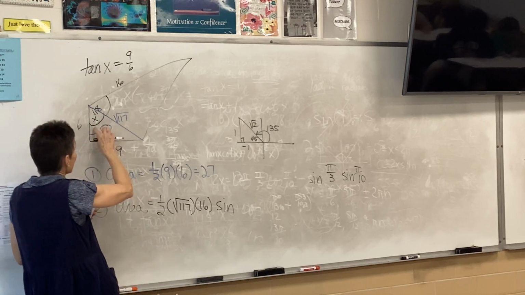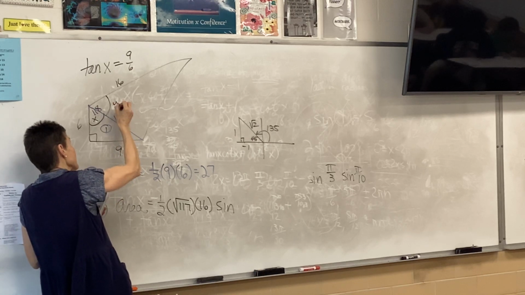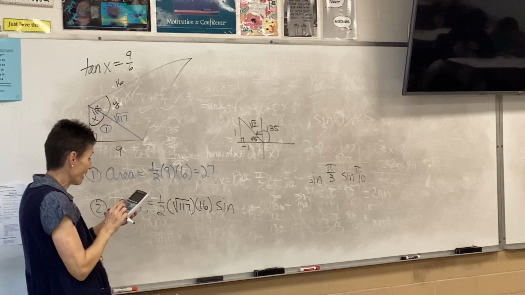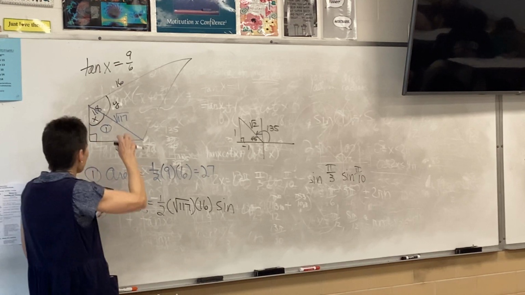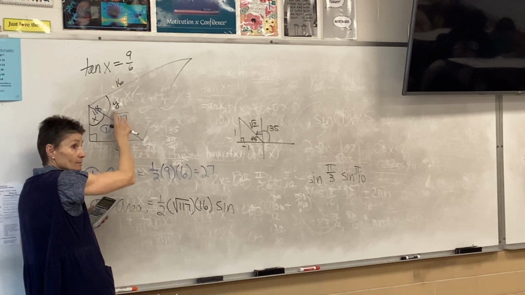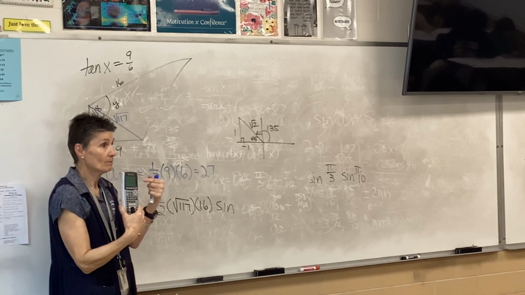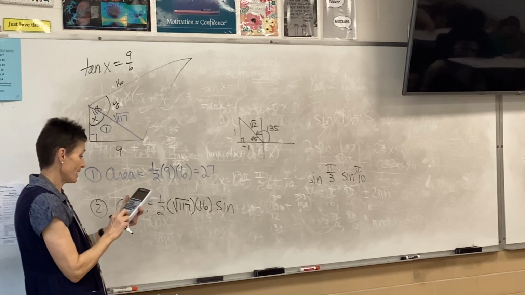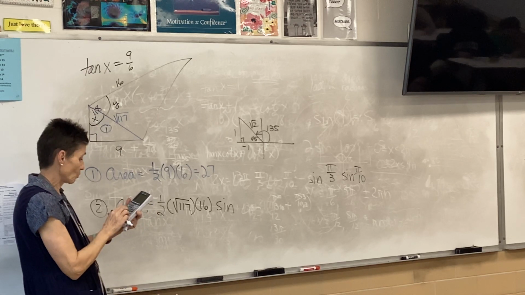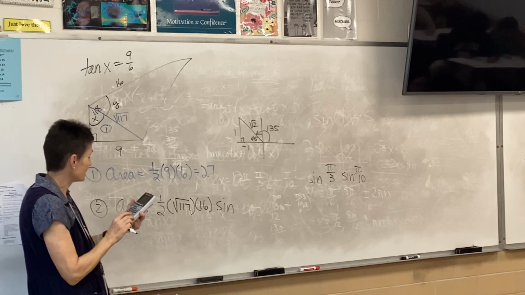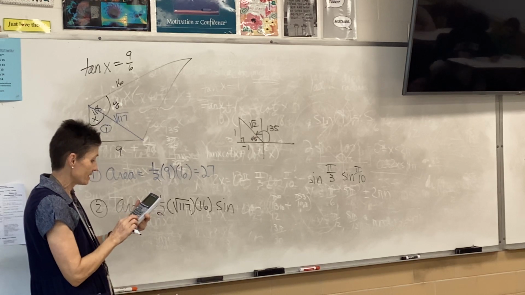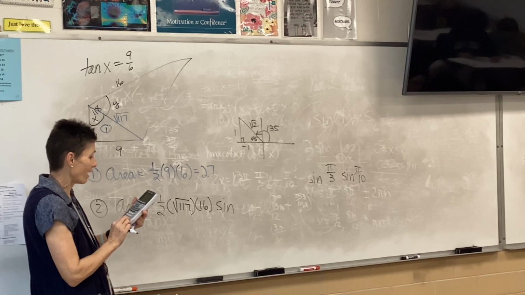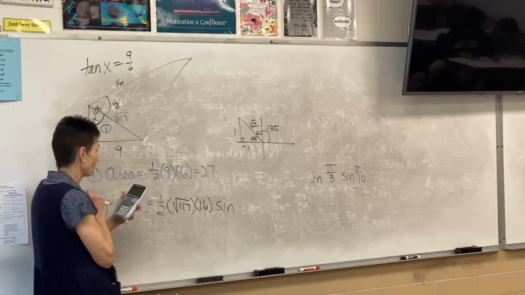So second tangent, 9 divided by 6. And that gives me X, but I really need Y. So I'll do 118 minus that. And now I know Y. Right here, Y. So how do I find area? I take 1/2 times the square root of 117 times 16 times the sine of angle Y, which is sitting on my calculator.